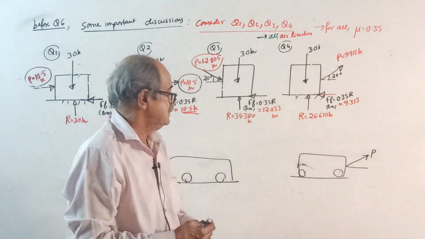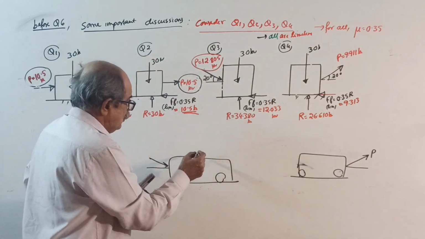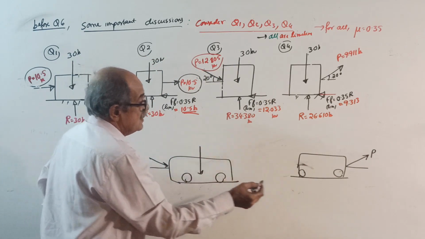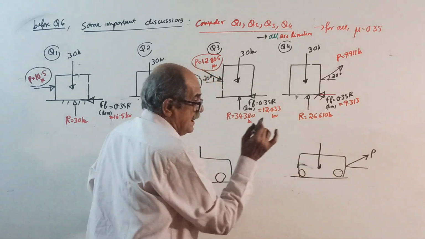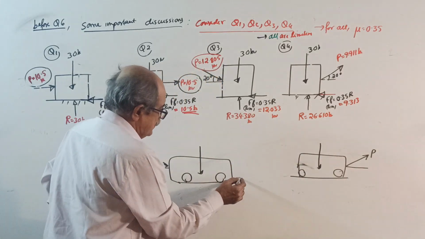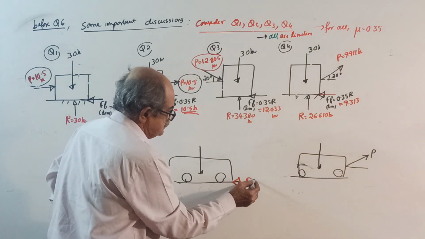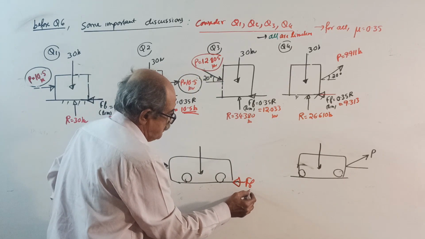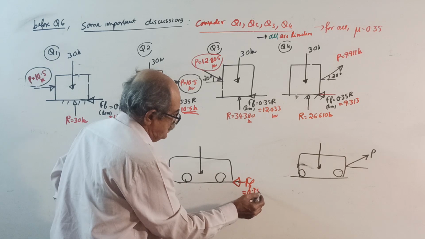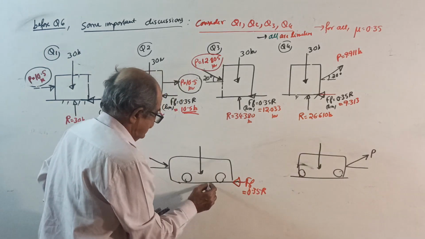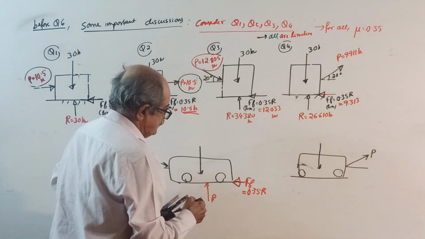See what happens. The car weight is already acting here, 30 kilonewton in our case. And remember, every time the frictional force limit is 0.35 into R, where R is the normal reaction.